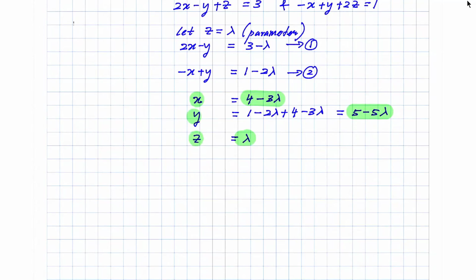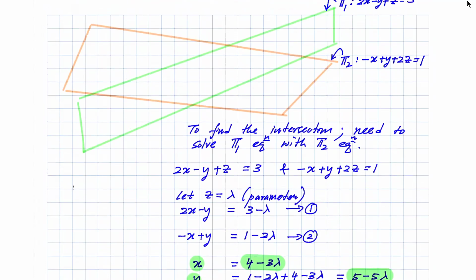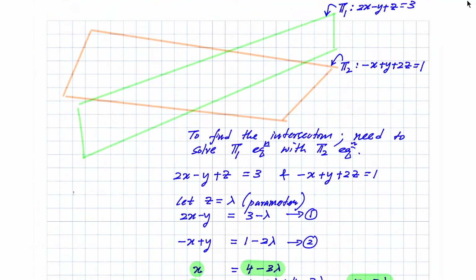Now you have x, y, z. What he mentioned: when you have two planes intersecting, what you get is a line.